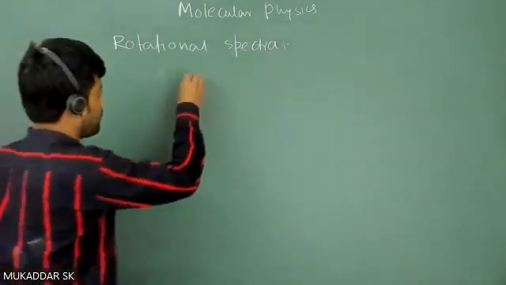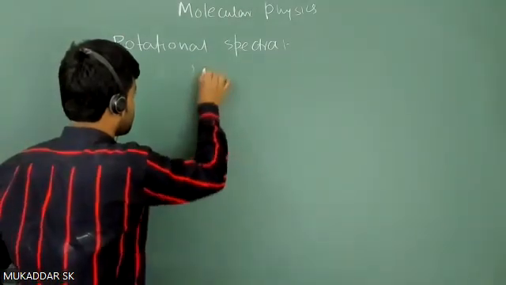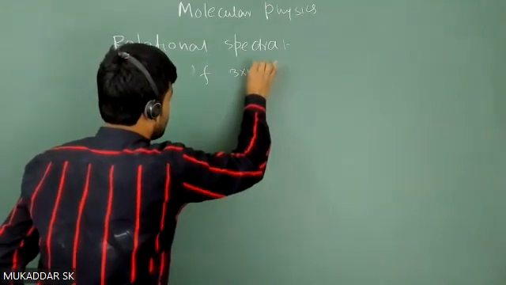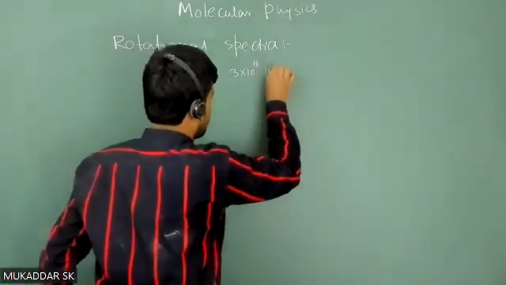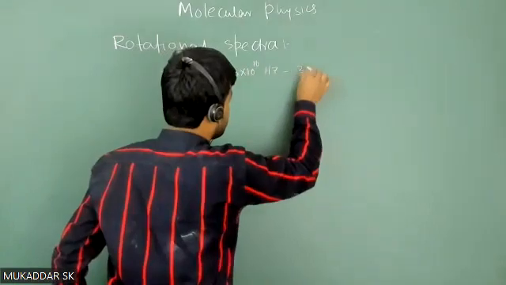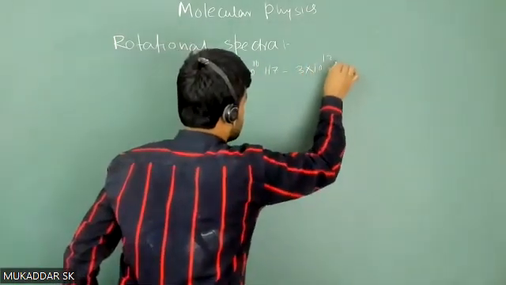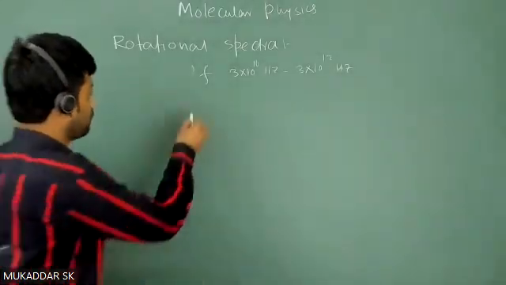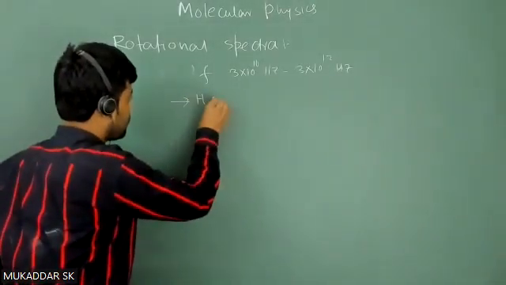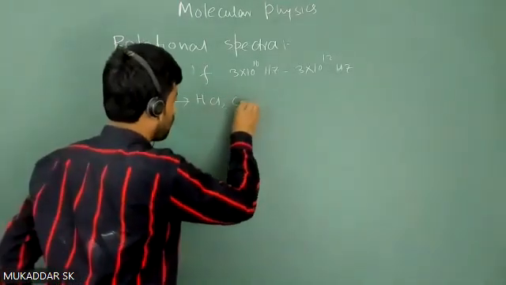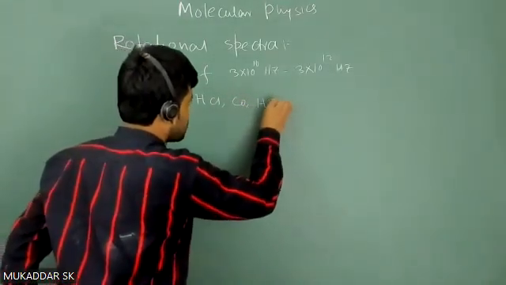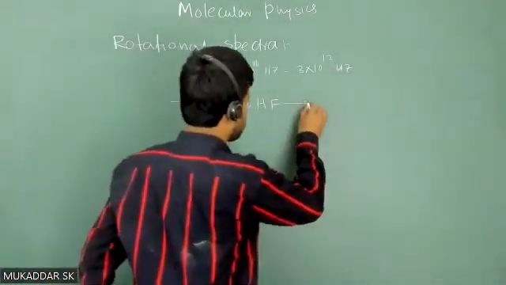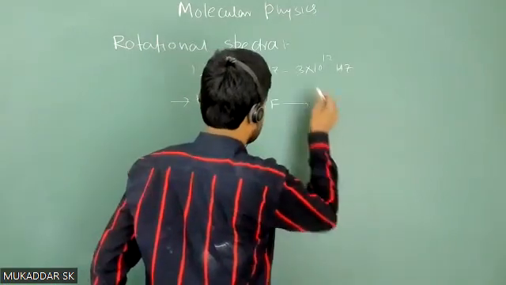It is observed in the frequency range of 3 into 10 to the power 10 hertz to 3 into 10 to the power 12 hertz, right? And especially a heteronuclear molecule, for example, HCl, CO, HF, such kind of heteronuclear molecules are basically microwave active or rotational active.